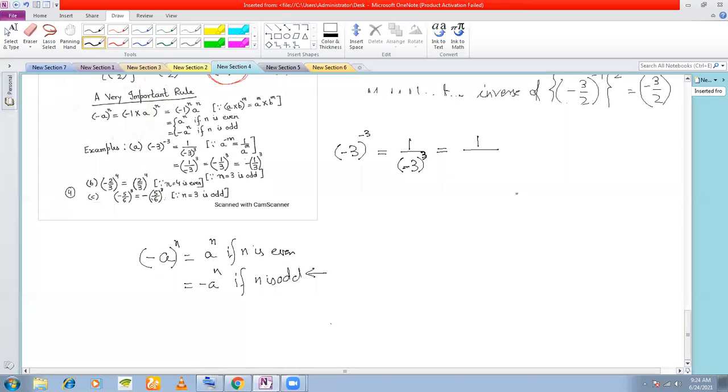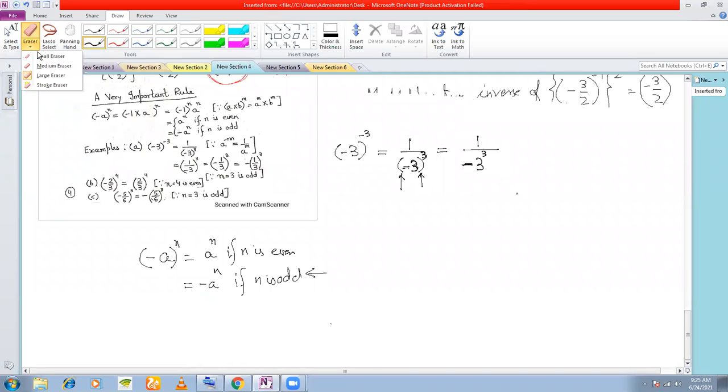So what is the base here? Base here is minus 3, and this is an odd power, isn't it? So what you can do here is take this minus sign out and write this as minus 3 cubed. Clear? Because this is an odd power, you will retain the minus sign and remove these two brackets.